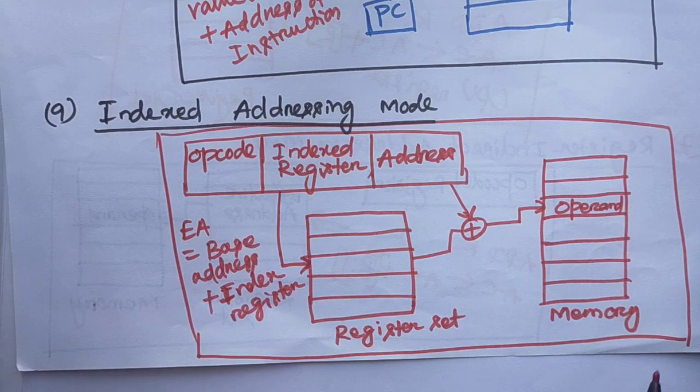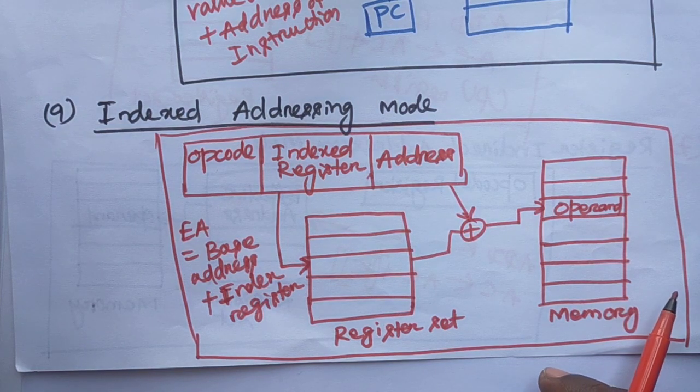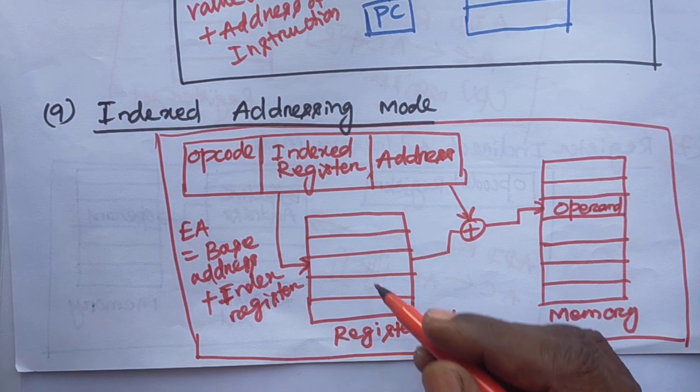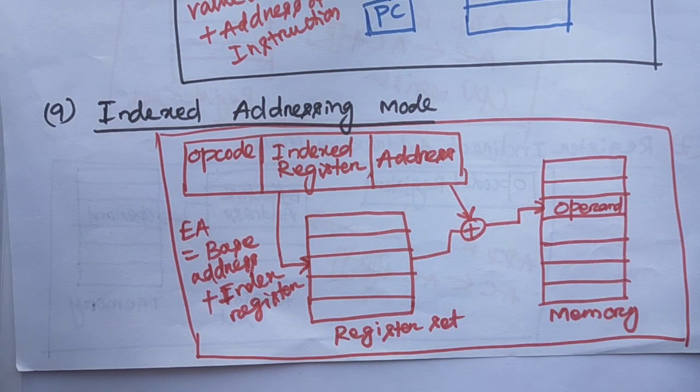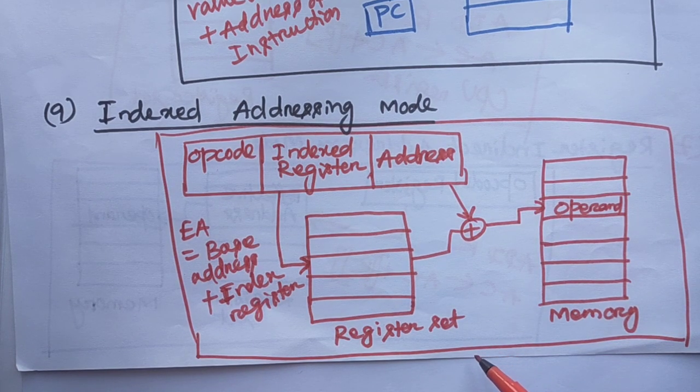We can define it in different ways, because the operand field contains the starting base address in this case, the address of the array in memory. Here an array memory block is used, and an index register which contains the index value. The base address plus the index address gives the actual physical address.